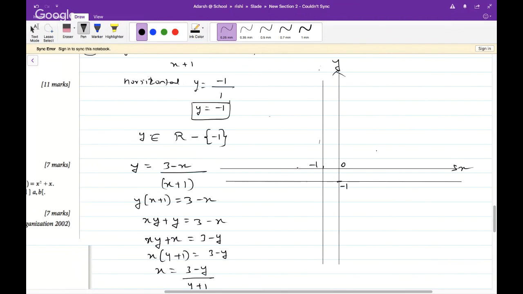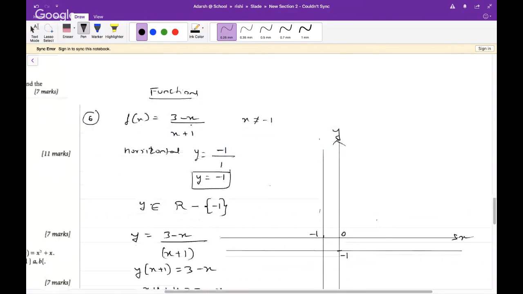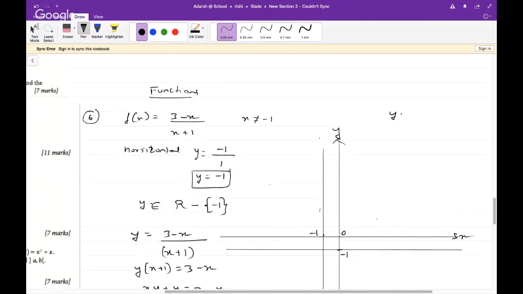Now when x is 0, y will be 3. Put x equal to 0 in this equation, (3 minus x) divided by (x plus 1): when x is 0, y will be 3. So the curve passes through this point, and when y is 0, x equals 3. So the curve passes through this point too.